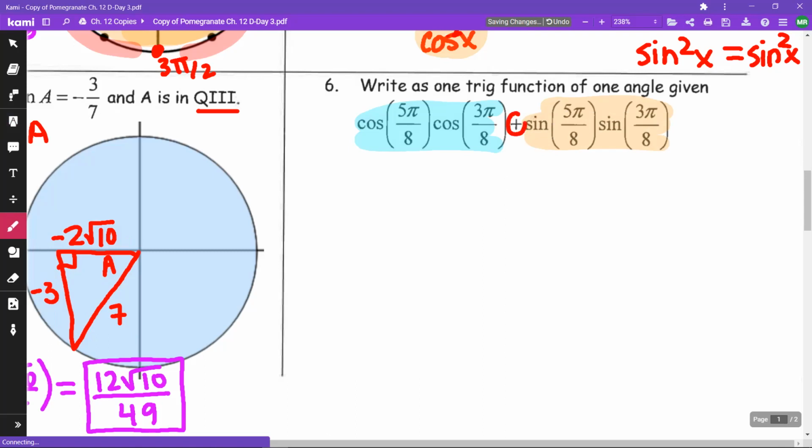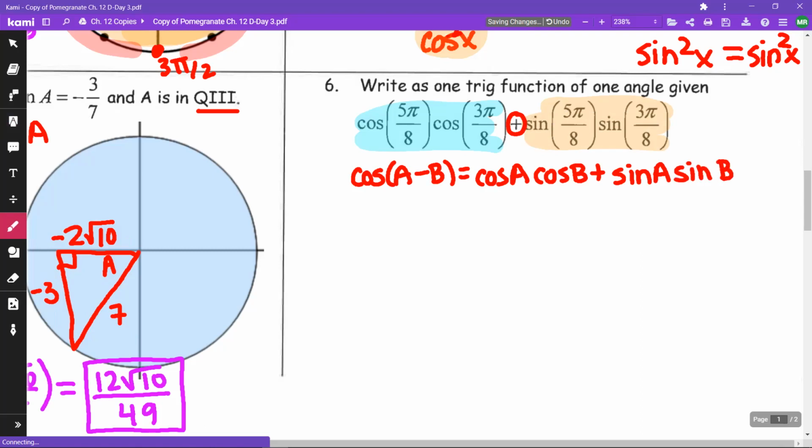Since this is a plus, this is actually going to be a difference. So the formula is cosine of, let's say, A minus B is equal to cosine of A, cosine of B, plus sine of A, sine of B.